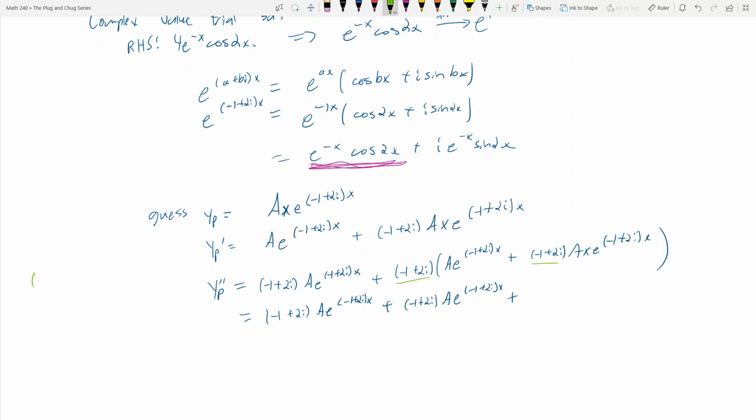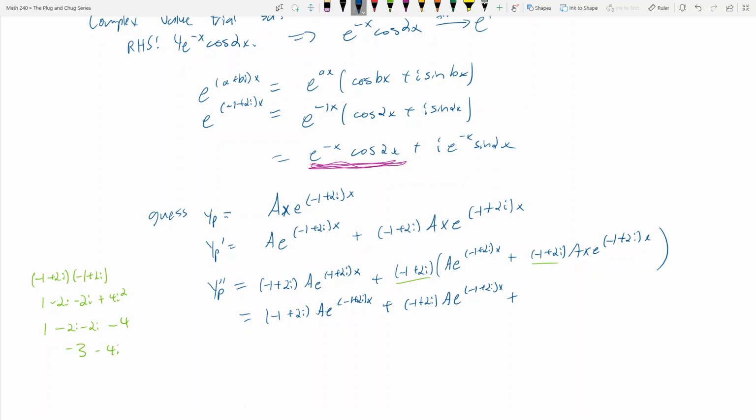So work that out on the side. (-1 + 2i)(-1 + 2i). Foiling, you get 1 minus 2i minus 2i plus 4i squared. So this is 1 minus 2i minus 2i minus 4, because i squared is negative 1. So this is -3 - 4i.